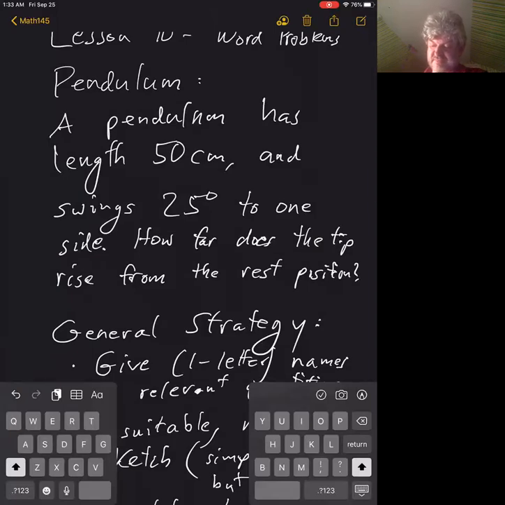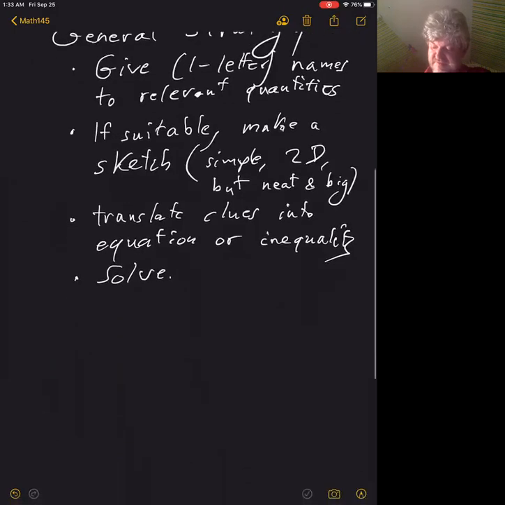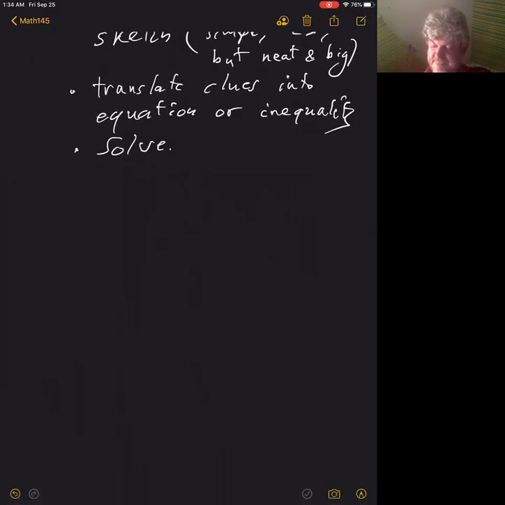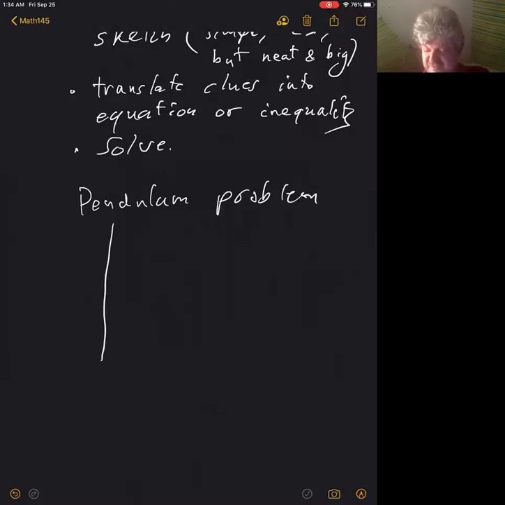So make a sketch. Vertical is the way that the pendulum hangs in rest position, and then it swings 25 degrees, say up to here.